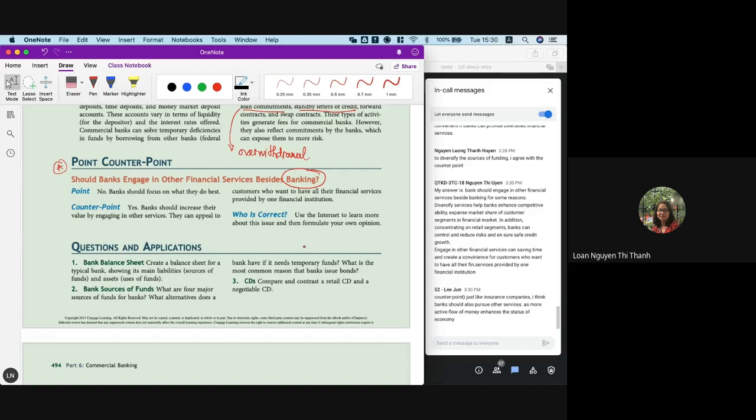You have the example of the insurance company, but actually, can you tell me more about the example? Why do you think about the insurance company? And how is it related to the bank here? Active flow of money. Good point. Active flows of money are actually the income stream, right? They diversify the income sources.